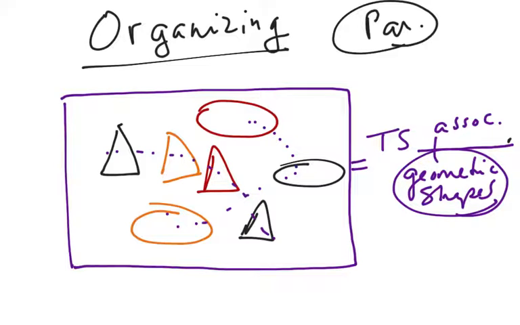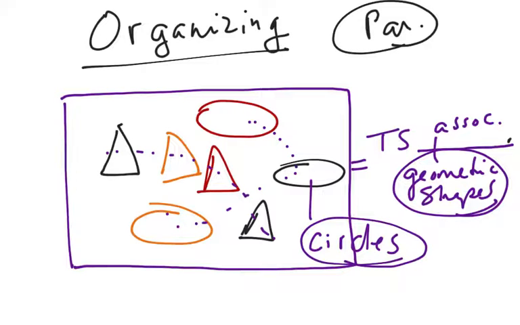So I realize that there are two different types of groupings. One, we have circles. So that means that I am attaching this associative word circle to these three pieces of evidence. Okay?